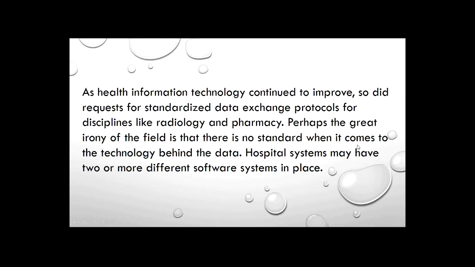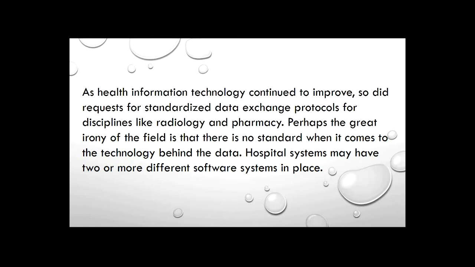So the thing about medical records is that with health information, none of the health information was ever standardized. There was nothing, systems couldn't talk to one another, and we still see that today, especially between departments. And if you think about it, it kind of makes sense that there's a problem there. Perhaps the greatest irony of the field is that there's no standard when it comes to technology behind the data. So a radiology department and a pharmacy department are going to have two different missions and need two different types of information.